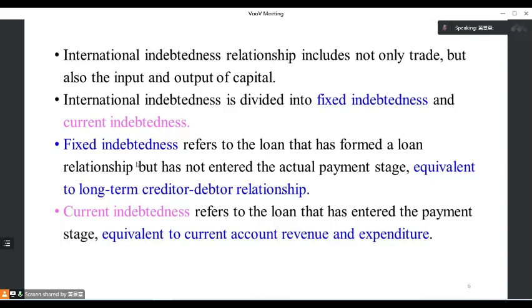So we should understand fixed indebtedness. Let's go on.